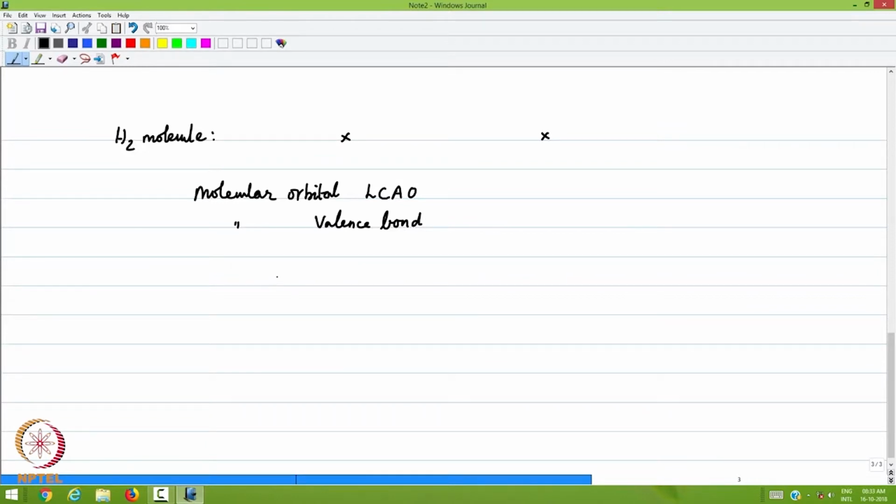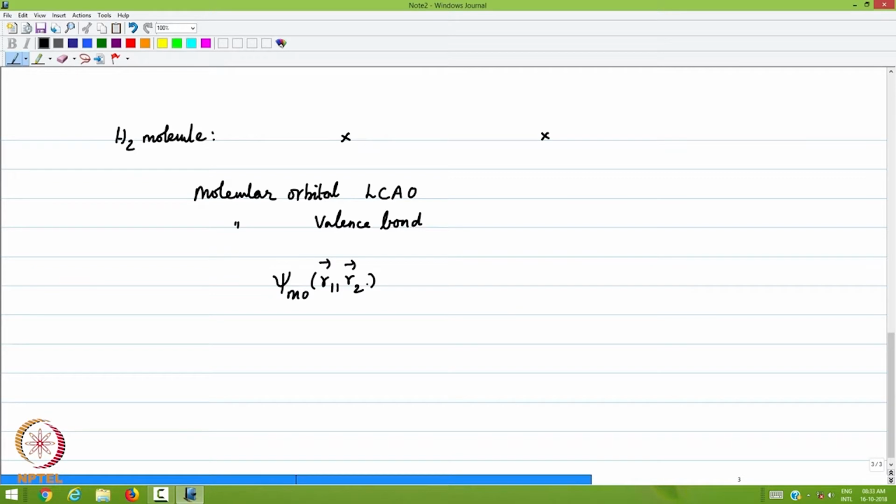The wave function psi MO, if you recall, is a function of the coordinates R1 and R2 of the two electrons.